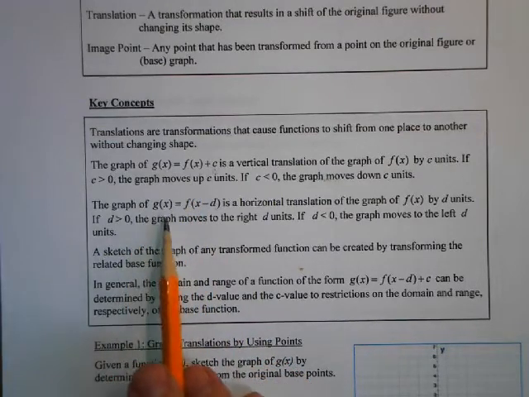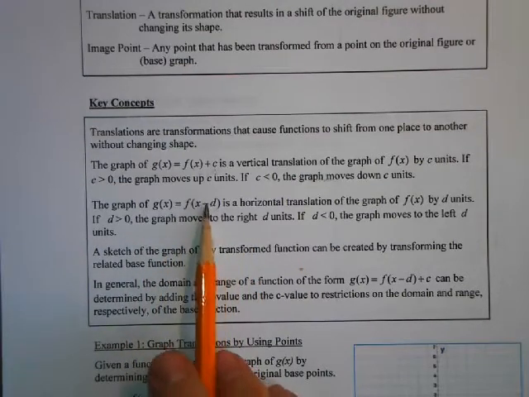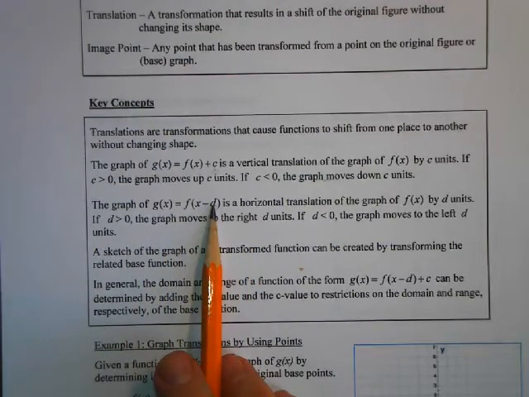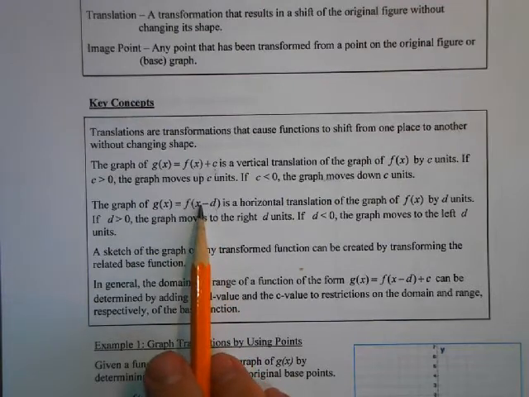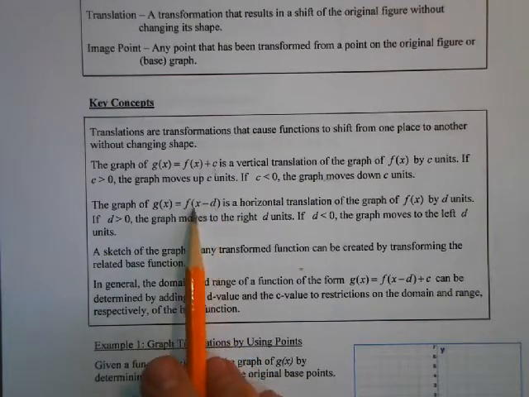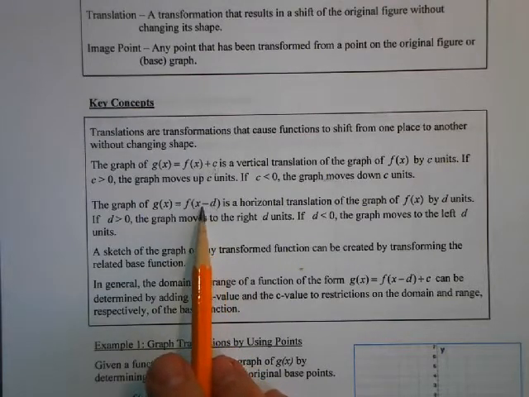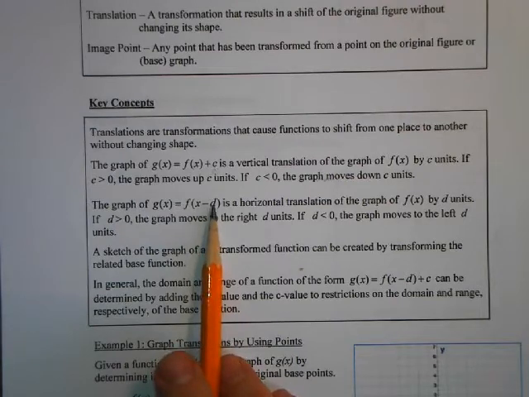And similarly, if we subtract d from x, d defines a horizontal translation. Now if we put it in this form, x minus d, remember quadratics, that h value is a little bit funky because you sort of had to switch the sign to understand what it was doing.